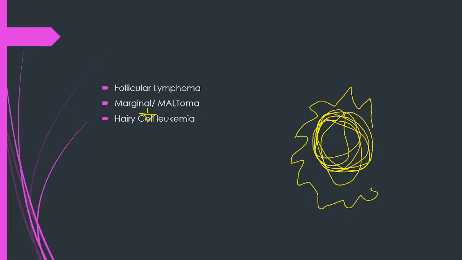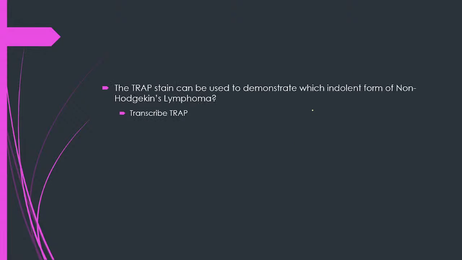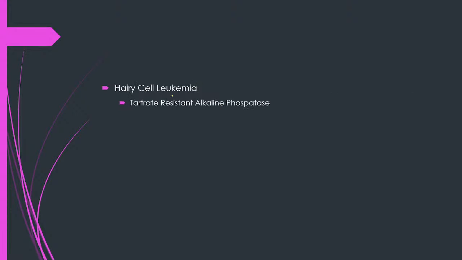So imagine Son Goku with hair-like projections. And they're usually stained with what we call tartrate-resistant alkaline phosphatase, and it can be demonstrated in hairy cell leukemia only. All right. So please don't forget TRAP.